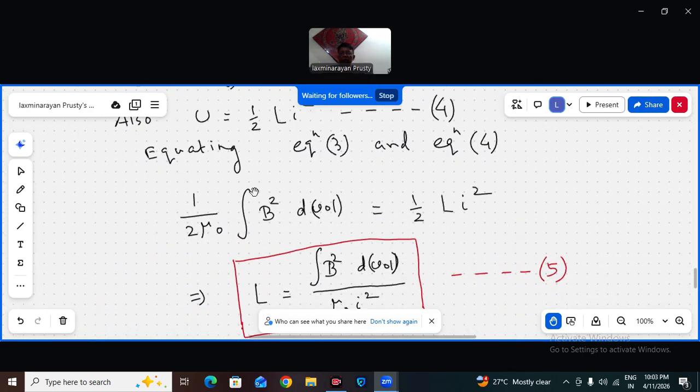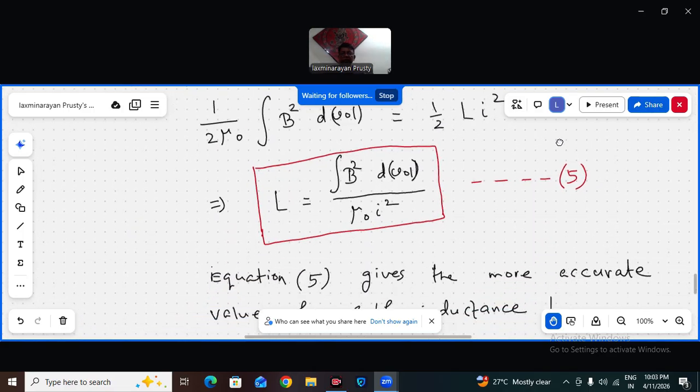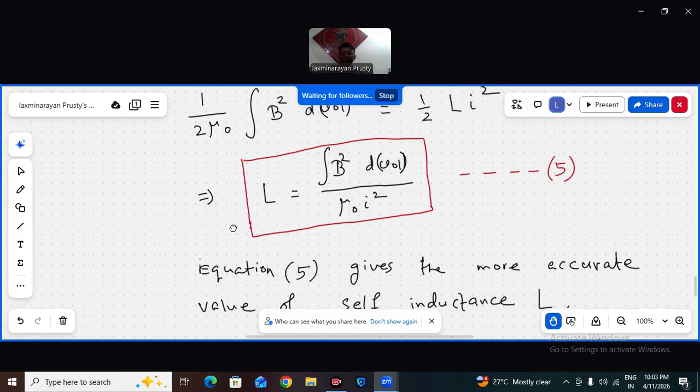So 1 by 2 mu naught integration of B square d volume is equal to half L I square. Half cancels from both sides. So what is L? The integration of B square d volume over the whole space having magnetic field, divided by mu naught into current square. This is equation 5. That is the general expression of self-inductance.